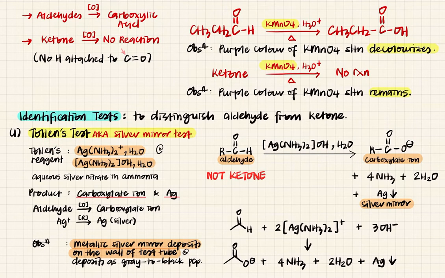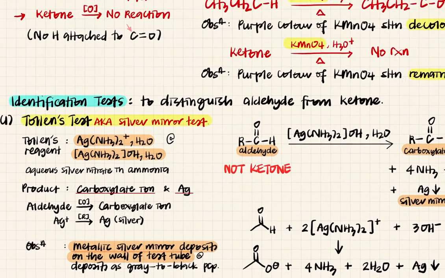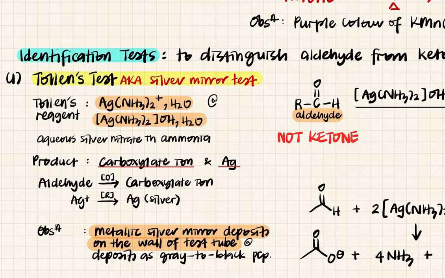The reagent is Ag(NH3)2+ in water, or you can write it with OH- at the back, so the OH- balances out the plus and it is neutral, also in water. You can use either way to write your reagent.